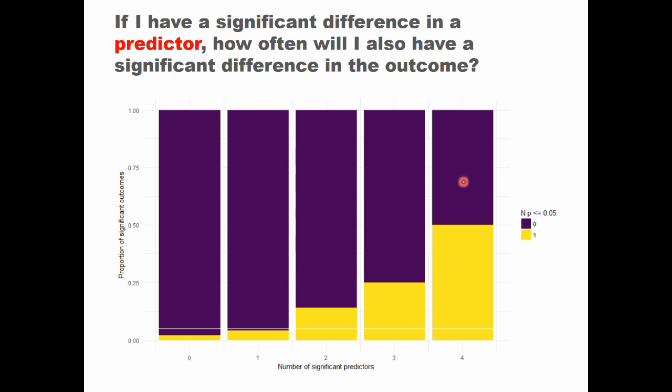Where you're high on one predictor, you might be low on another, and so a lot of this stuff just cancels out. So even though we get a table 1 where 4 different variables are things that we know, because it's simulated, are predictors of the outcome, even then you're only going to see a significant difference in the outcome itself about half the time.